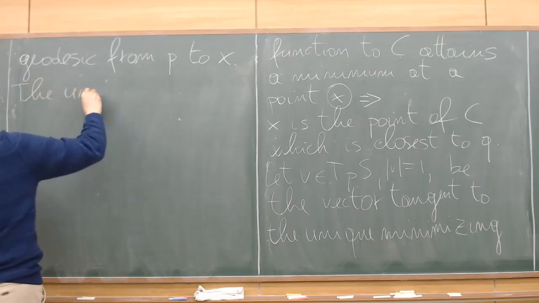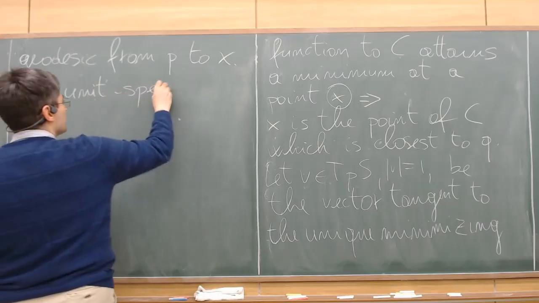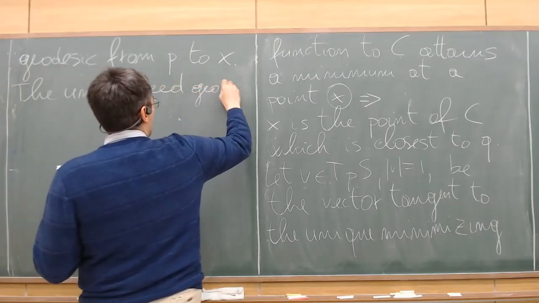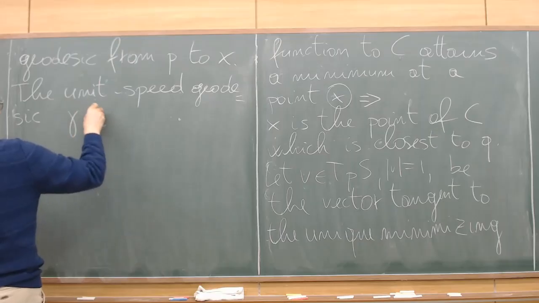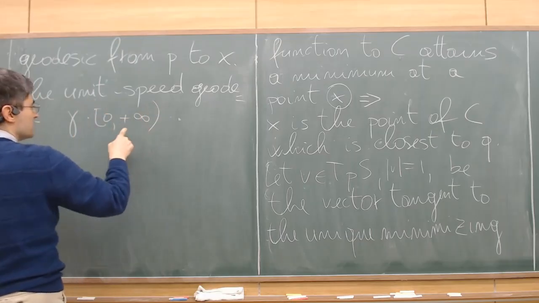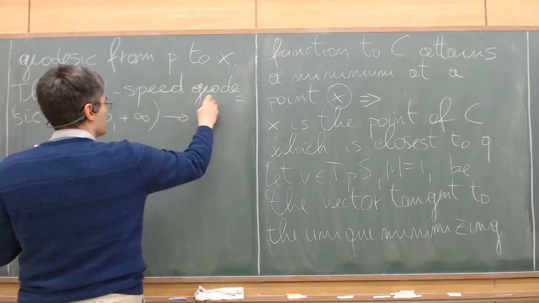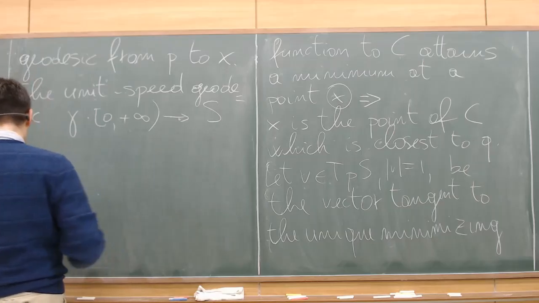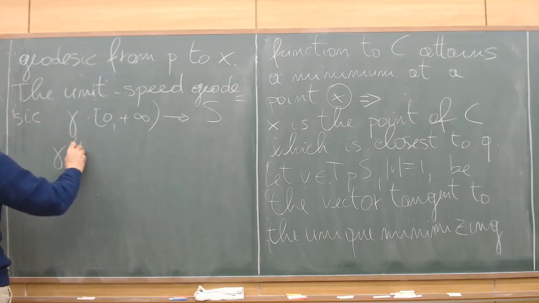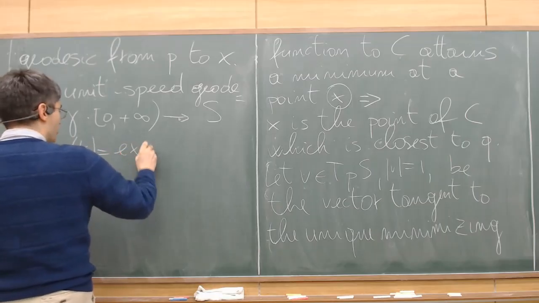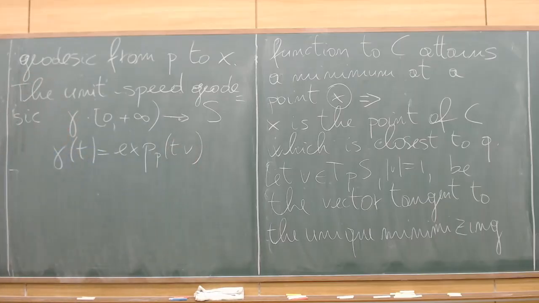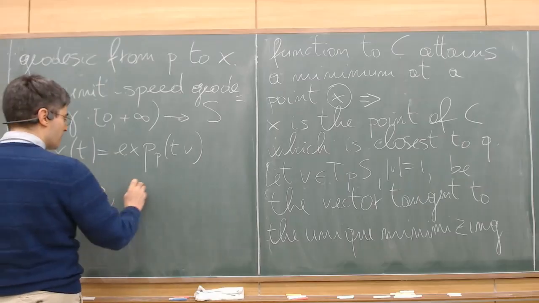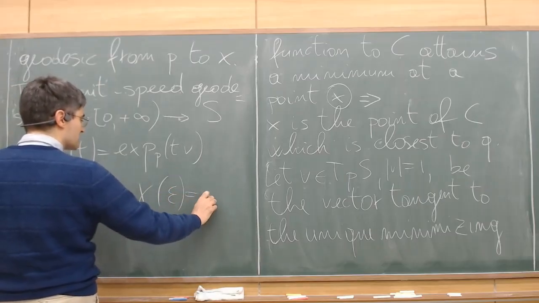The unit speed geodesic gamma defined on 0 to plus infinity, which is possible because the surface S is complete, defined by this formula, satisfies gamma(0) equal P and gamma(epsilon) equal X.